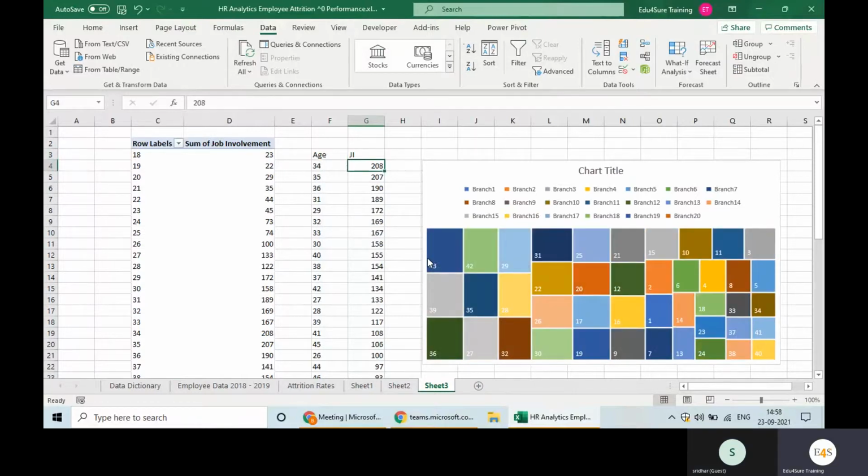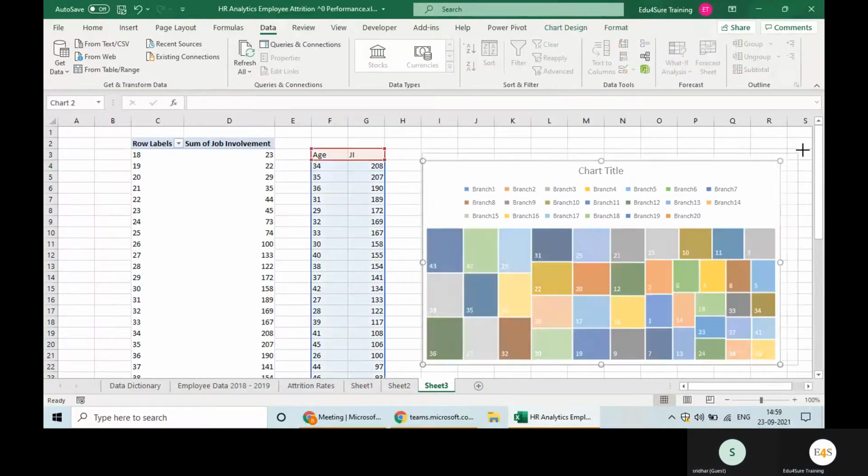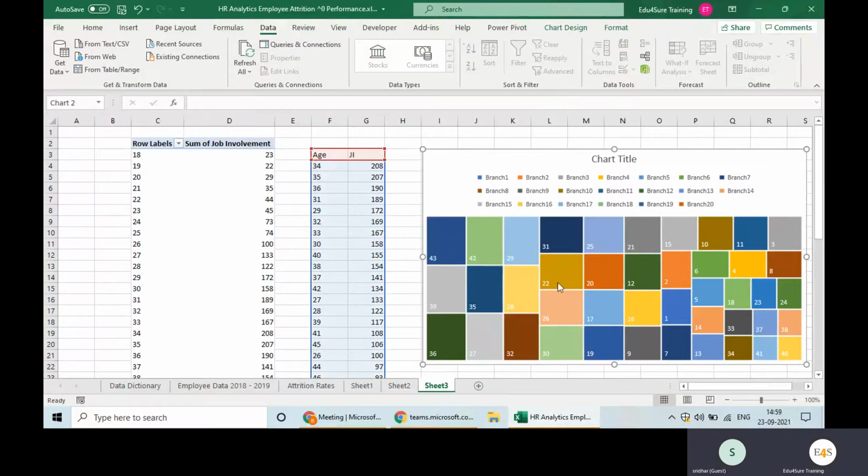Where do I have the maximum job involvement? As per this sorting, it's 34. Why are we getting 34?